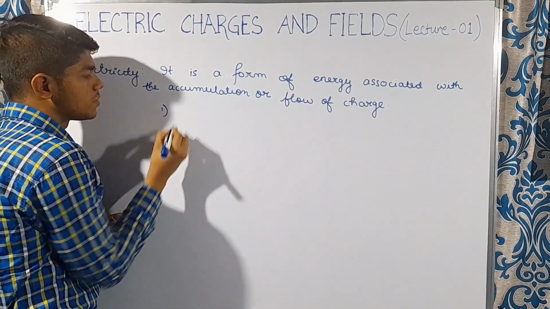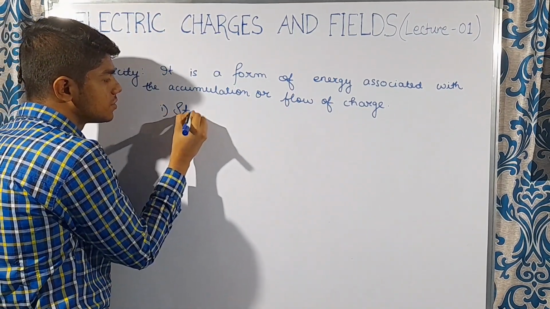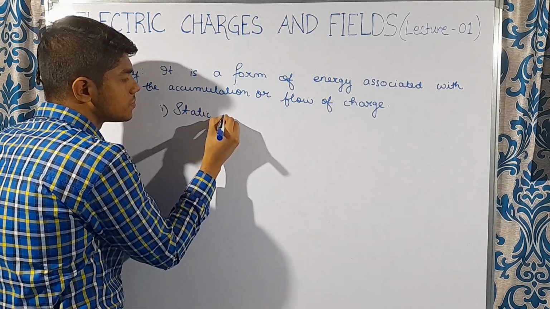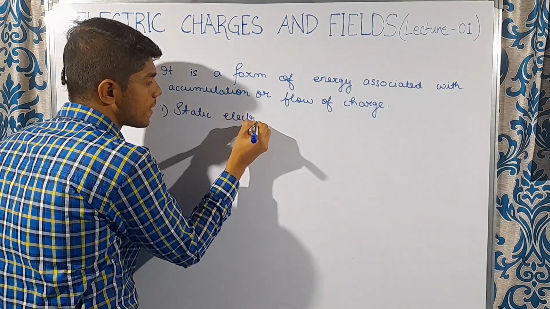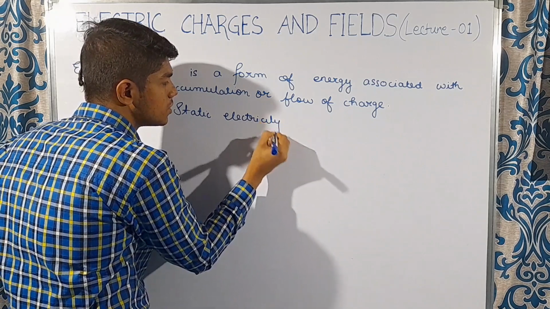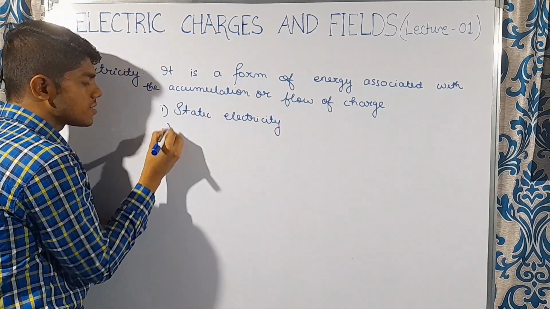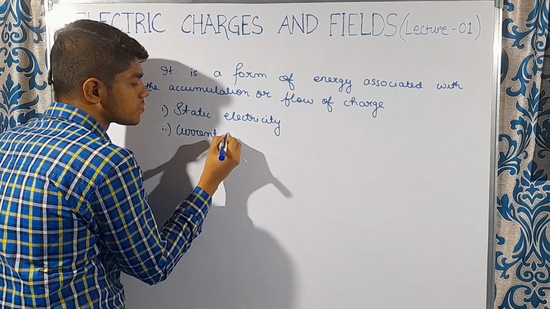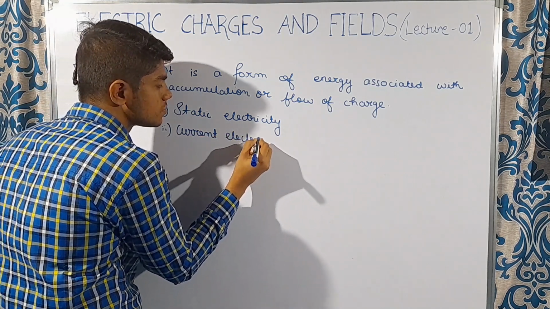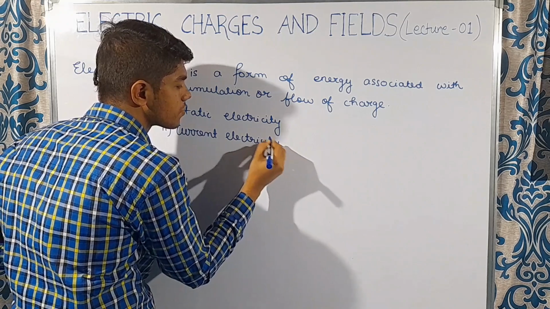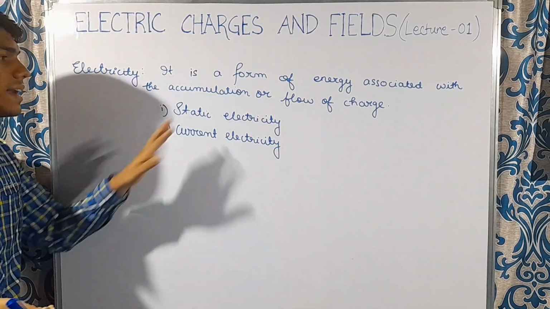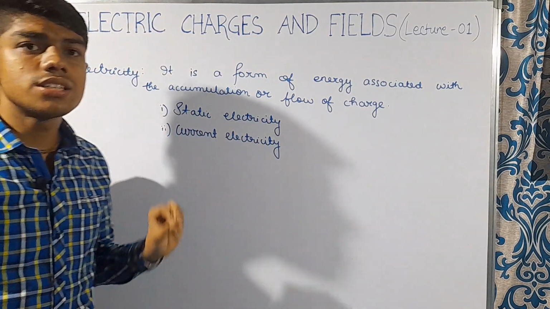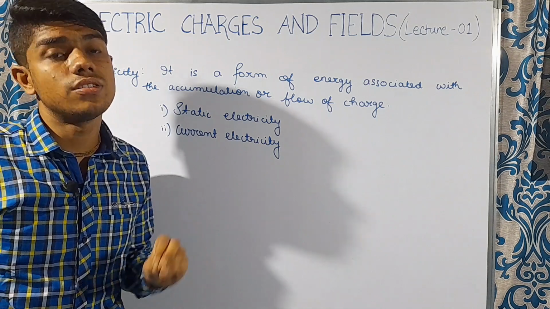There are two types of electricity. Number one is known as static electricity and the second type is known as current electricity. Static electricity is the energy associated with charges at rest.